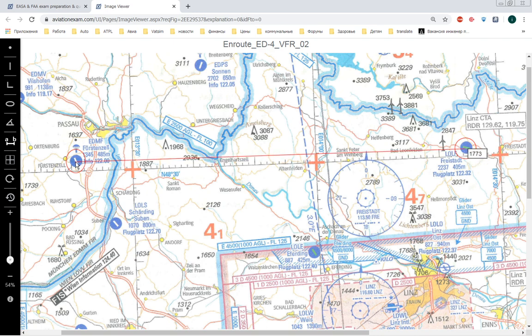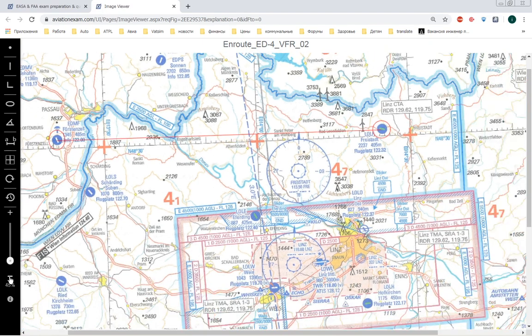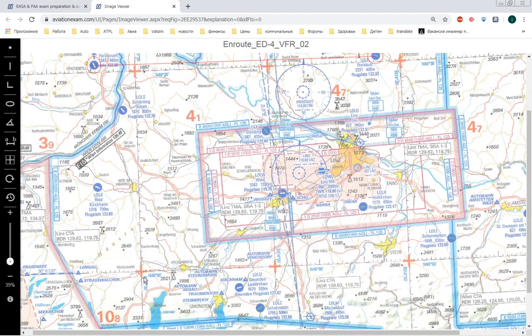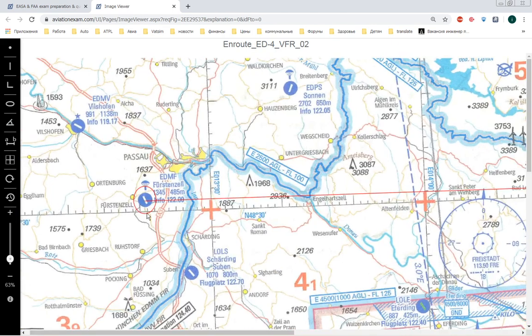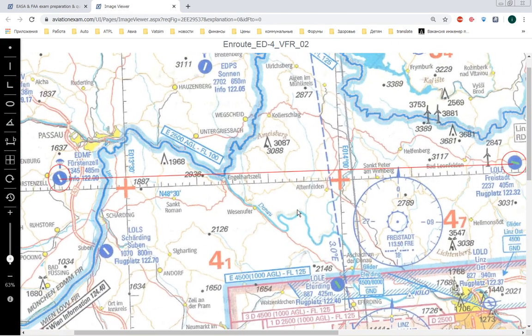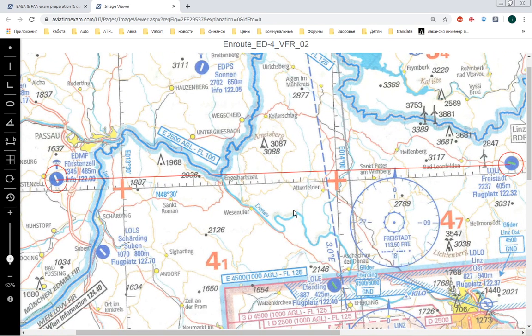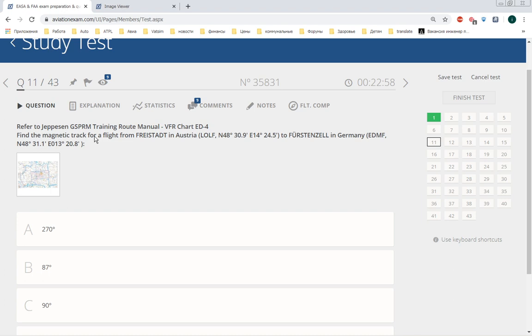You just need to remember it, and after that to put the same numbers over longitude to find the real distance by multiplying by 60 nautical miles for 1 degree of longitude. But in this question we just need to find magnetic track.